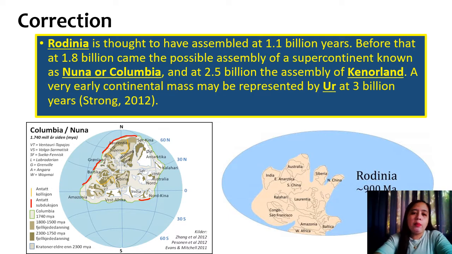Before that, 1.8 billion years ago, there was a supercontinent known as Nuna or Columbia. And at 2.5 billion years ago, before Nuna and Columbia, you have Kinorland. And earlier than Kinorland, there's another supercontinent, Ur, which is said to be 3 billion years old.